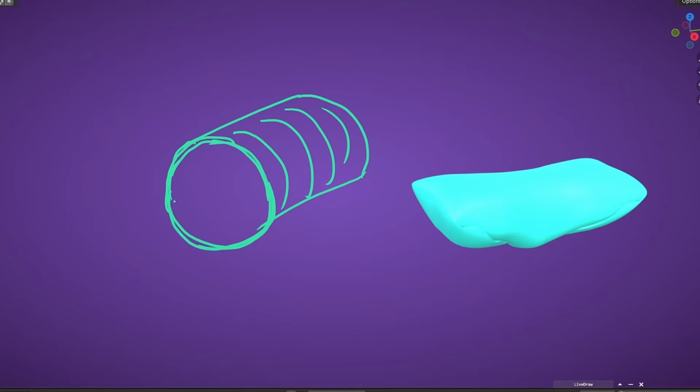Then the innermost is another cylinder, which is the endoderm. Of course, it will be a relatively narrower cylinder. And in between the two, we will have our mesoderm.